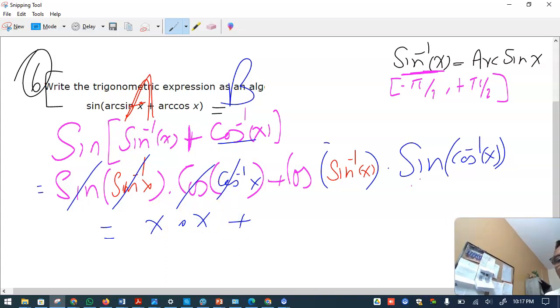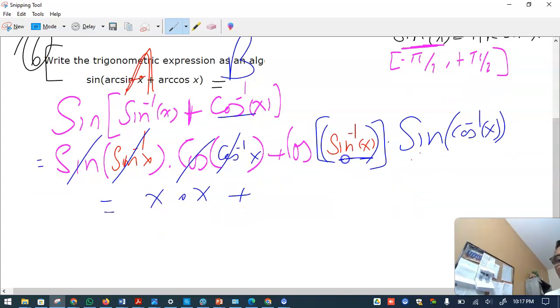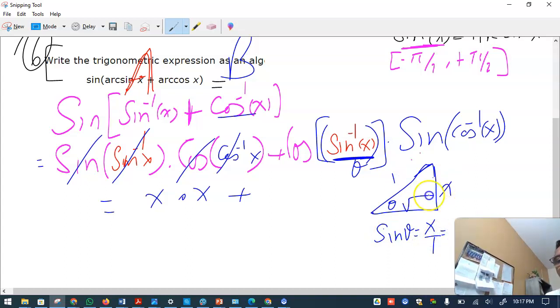And now, how do we find this? So now, sine inverse of x is some angle theta. It means there's a triangle here with theta, and sine theta is x, which is x over 1. It means the opposite over the hypotenuse, so the adjacent becomes root of 1 minus x squared.